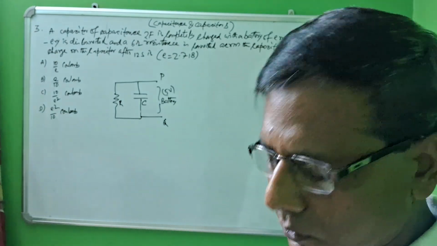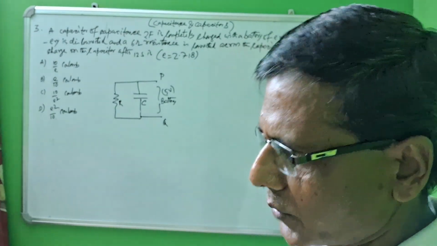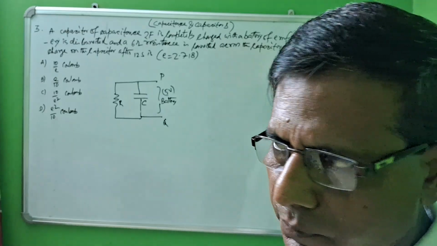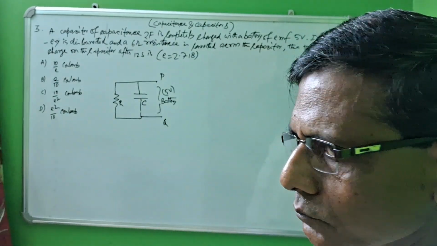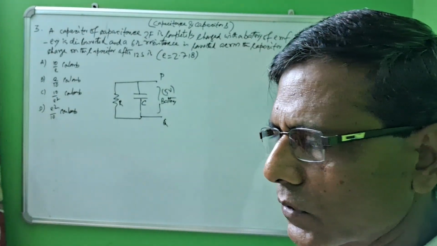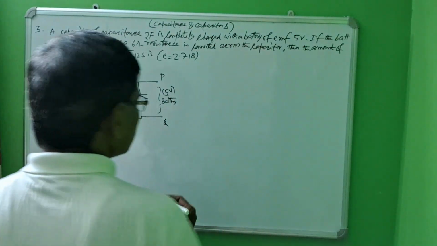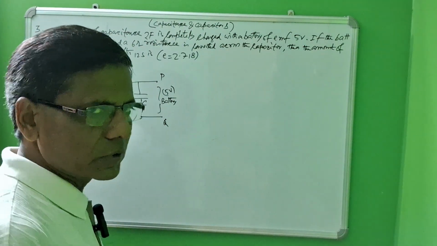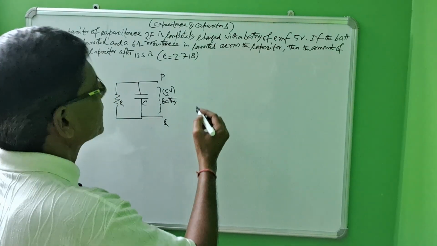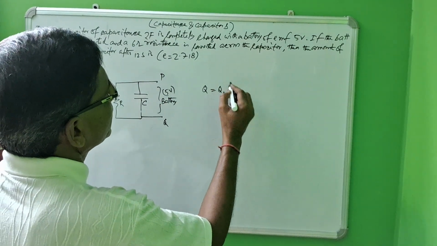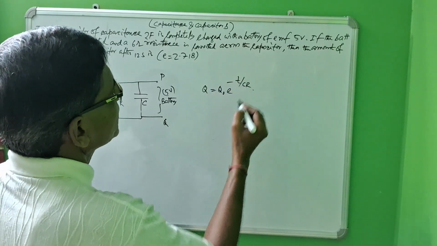This is the system by which the capacitor and resistor are connected. So the standard equation for solving the problem is Q equals Q0 e to the power minus t upon CR.